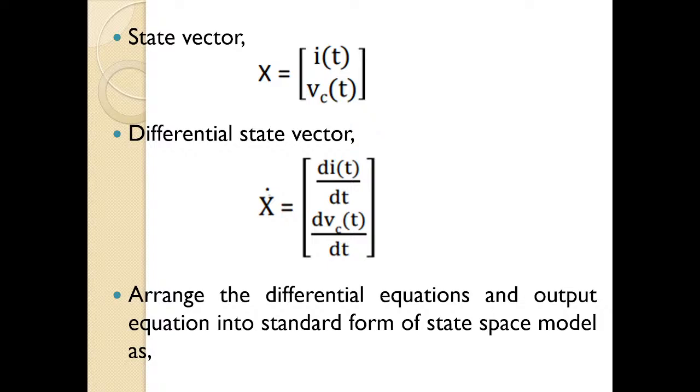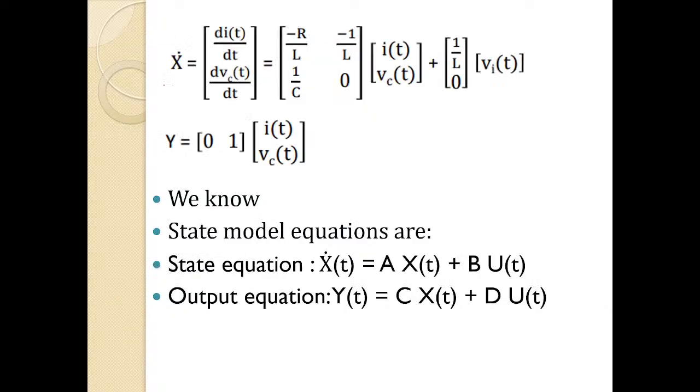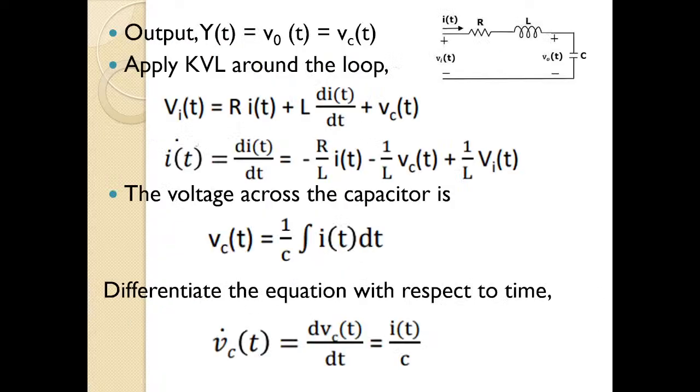I'm changing the slide. So what is x dot of t? That is d by dt of x of t, which is d by dt of I of t and d by dt of Vc of t. That is equal to whatever equations you have got. This is the current equation. So you just see here.